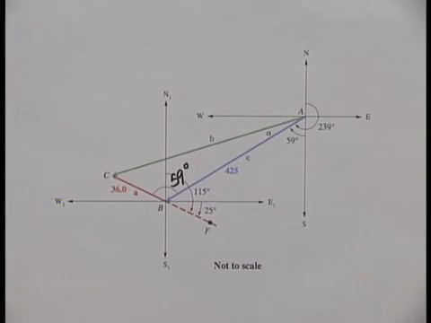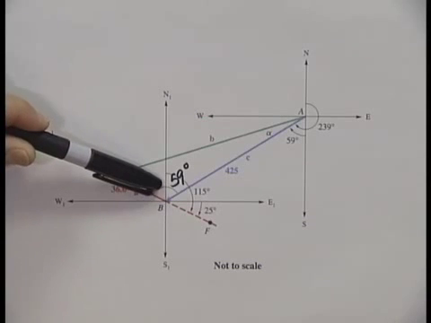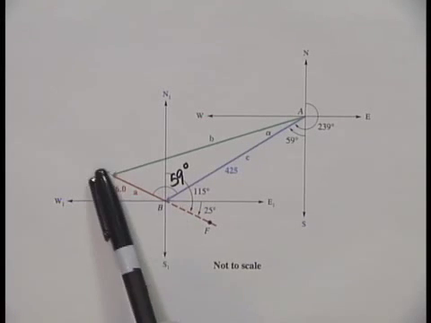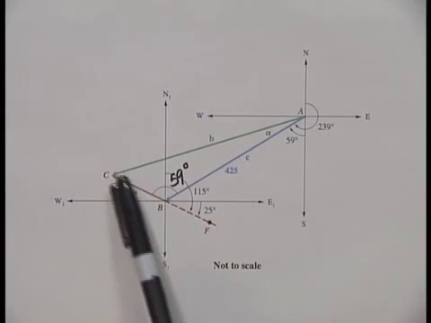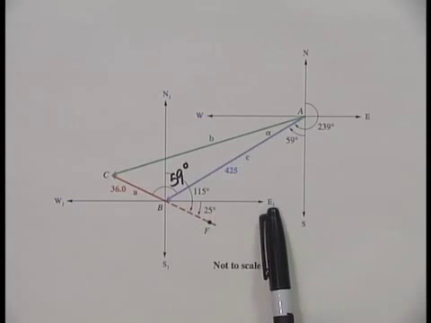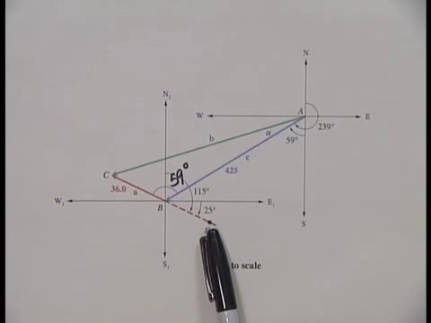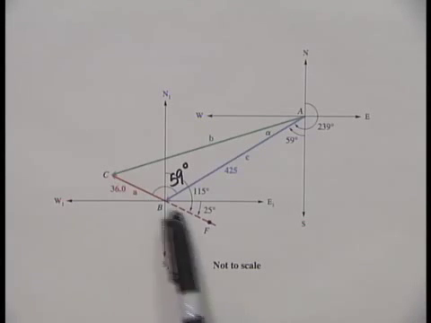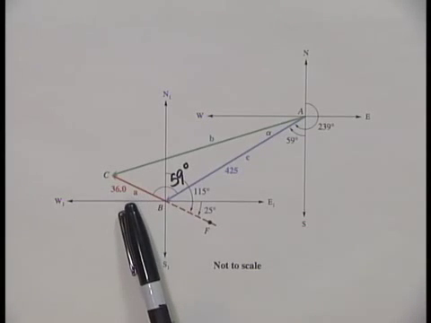Now, of course, what we're interested in is the angle inside here, and we'll find that by noticing that angle W sub 1 BC, so this angle here, is a vertical angle with this angle E sub 1 BF. Vertical angles are equal, which means this angle W sub 1 BC is equal to 25.